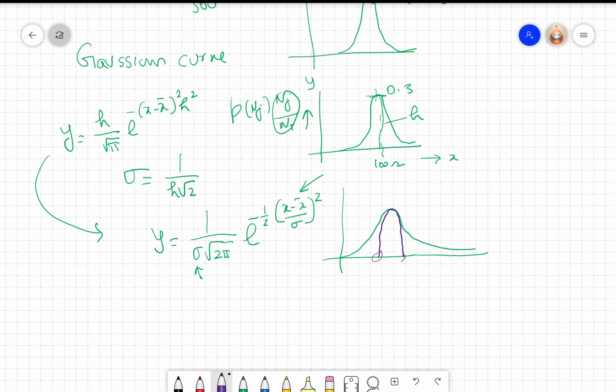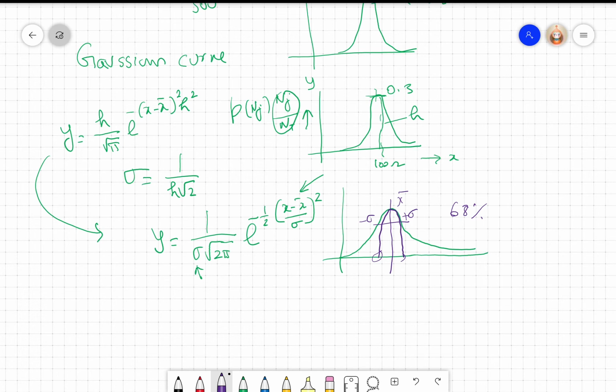In most cases, if you look at the Gaussian function itself, it is still not that bad, because I take x bar and I put plus sigma and minus sigma, one standard deviation away. 68% of all the readings will come within x bar plus or minus sigma if I use the curve, right?